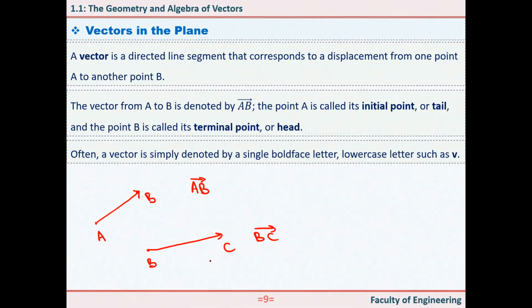Often vectors are denoted by a single bold-faced letter. For example, this one is bold-faced vector A, and this one is bold-faced B. Sometimes it's hard to write this, because you cannot distinguish between bold-faced and just normal A. In this course, most of the time, we will use the bold-faced notation for vectors.